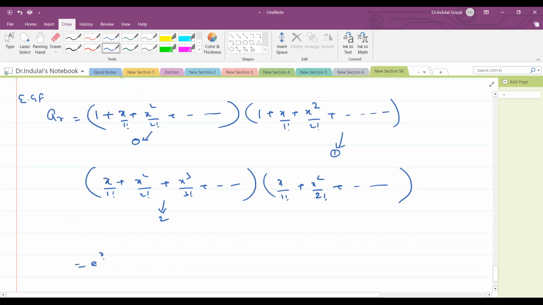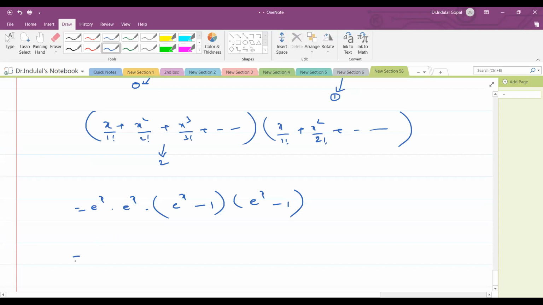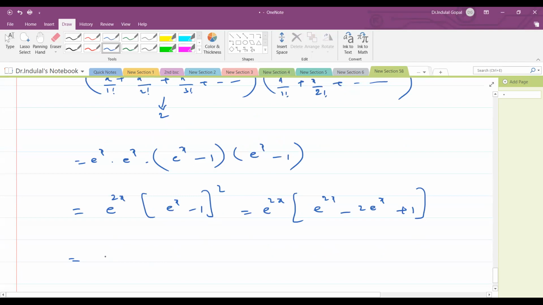The first term is e raised to x, the second term is e raised to x, the third term is e raised to x minus 1, the fourth term is e raised to x minus 1. So this is equal to e raised to 2x into e raised to x minus 1 the whole square. This is e raised to 2x into e raised to 2x minus 2 e raised to x plus 1. And this is equal to e raised to 4x minus 2 e raised to 3x plus e raised to 2x.